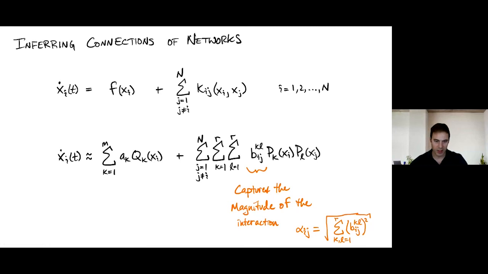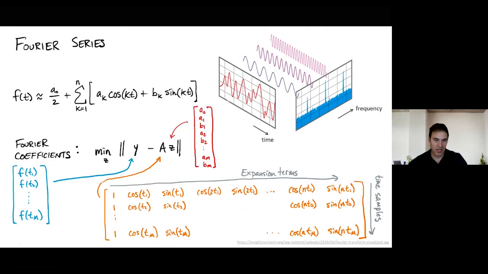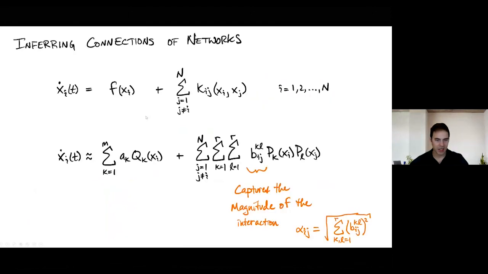So I'm going to switch back to the Fourier example just real quick, and what I want you to appreciate is the fact that this is a function in time, and we're approximating it with functions also in time. One of the most elegant insights of this method is the fact that this is a derivative, which is a function of time, but rather than express it as an expansion of functions that take variables of time, you'll notice that qk, pk, and pl are functions of x itself.